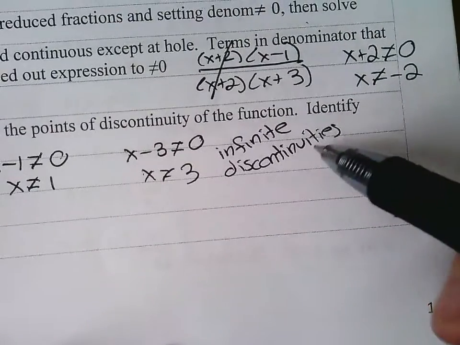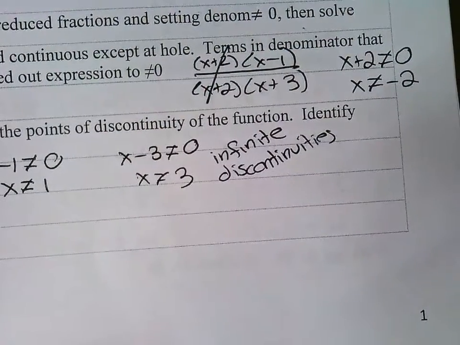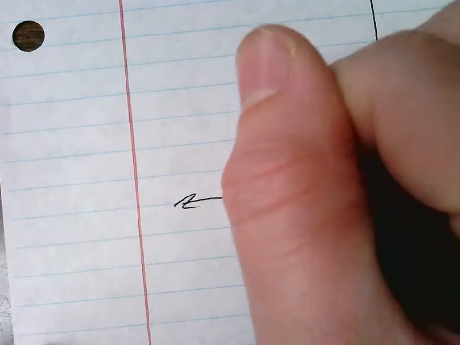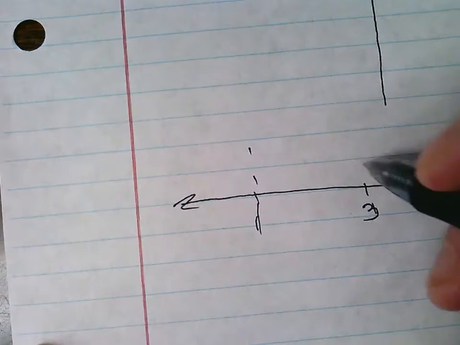Okay, now I also need to find the points of continuity. So if I were to draw a number line, I'm going to write it in interval notation. So x can't equal 1 and x can't equal 3. Okay, so there's a vertical asymptote here.